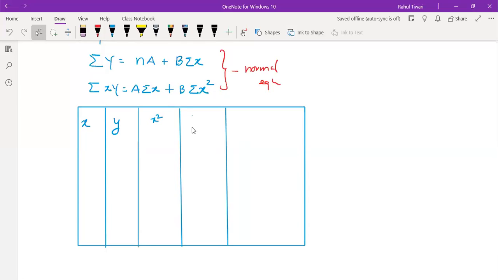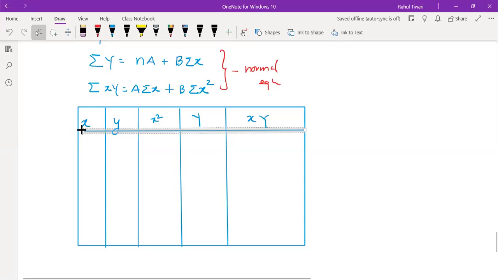I want y, this is x, small x into y, this is small x into capital Y. See, you should identify properly. It's a small x, a small y. Make sure that capital X, small y have a difference. Based on that, you can calculate these entries.